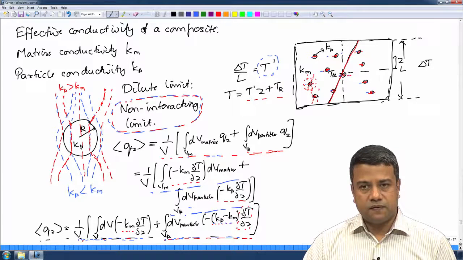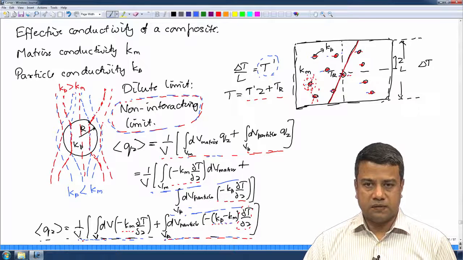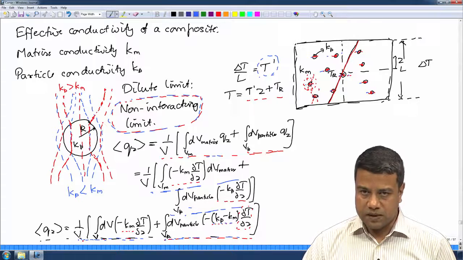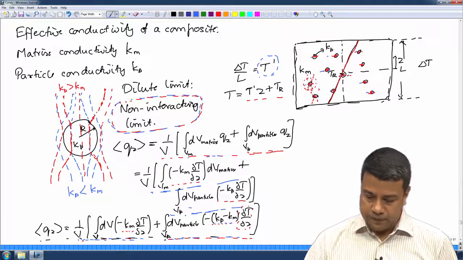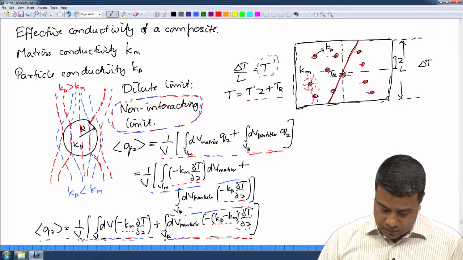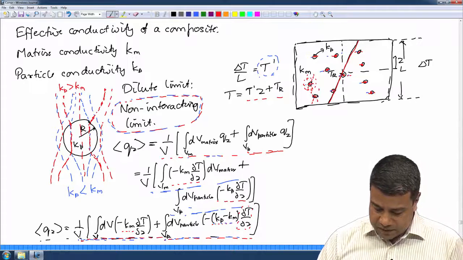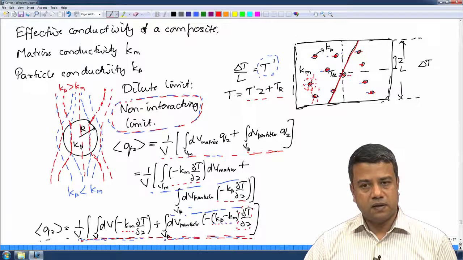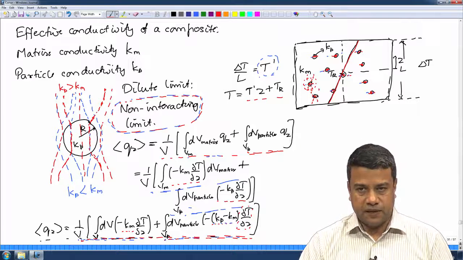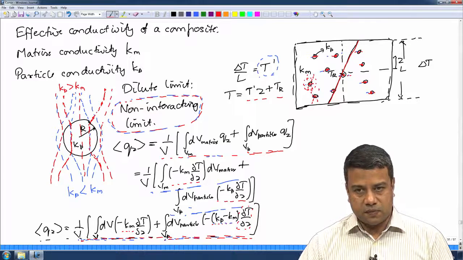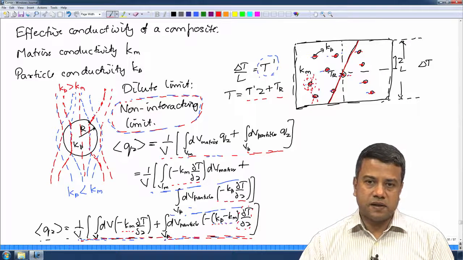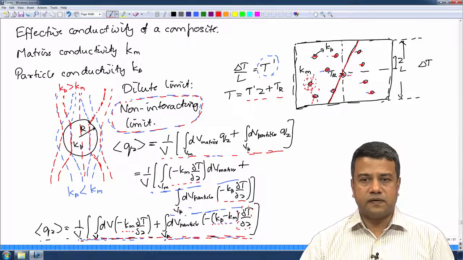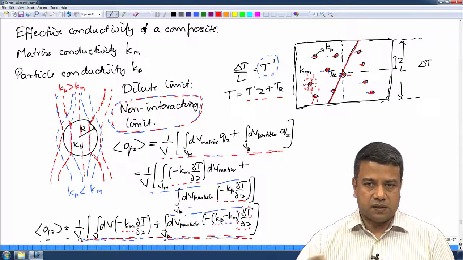So, we had written the flux as a volume averaged flux over the matrix and the particles. It is more convenient if you write this flux in terms of an integral of the matrix conductivity times the temperature gradient over the entire system, plus over the particles alone, since the conductivity is different, the difference in conductivities times the temperature gradient on the particles alone.